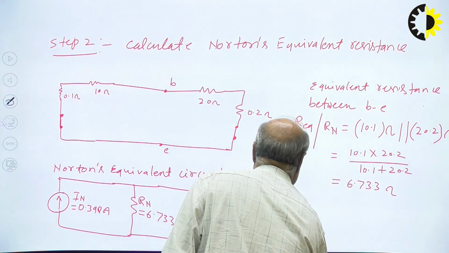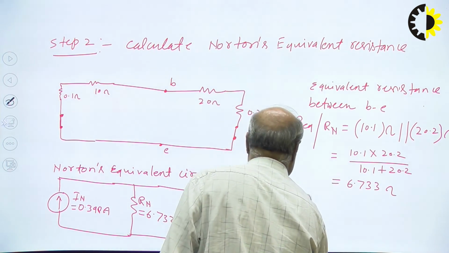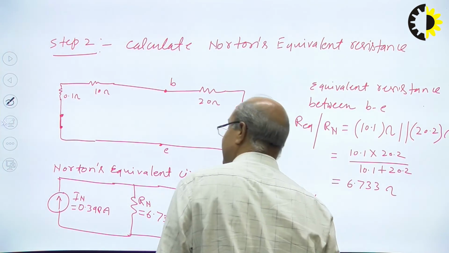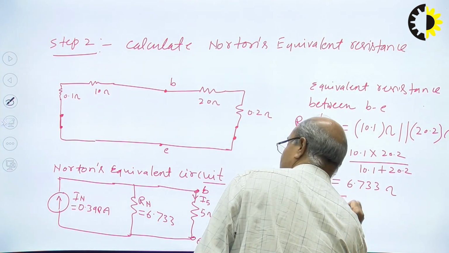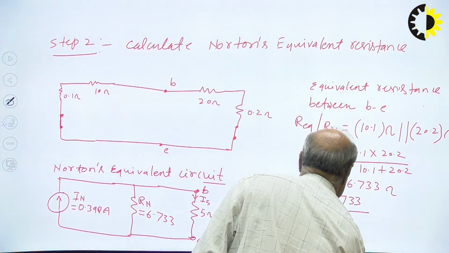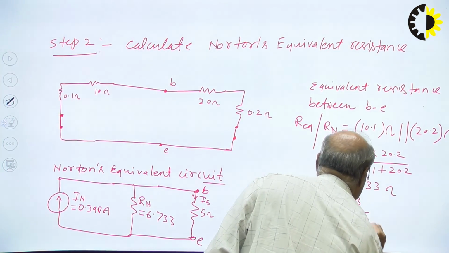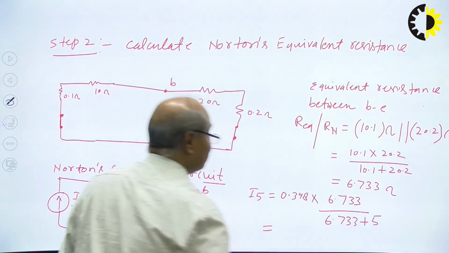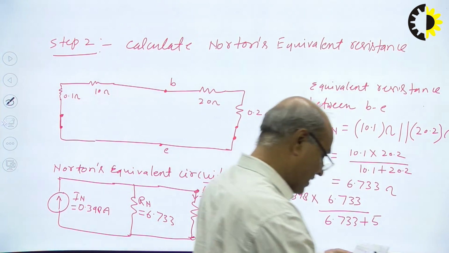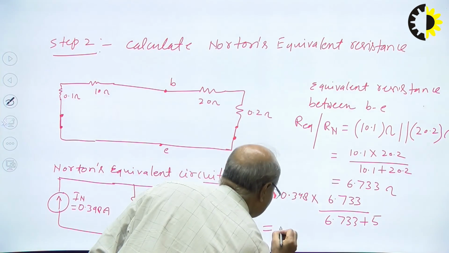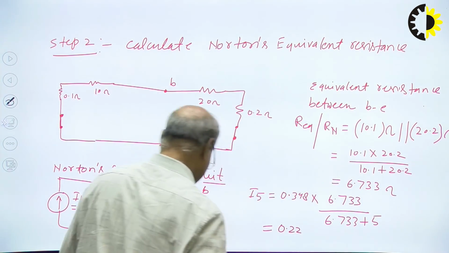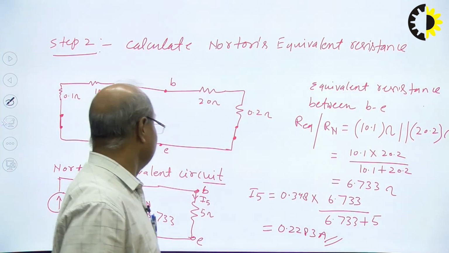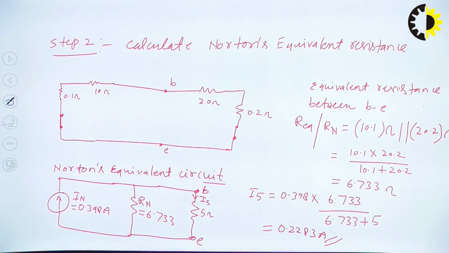So this will be 0.398 multiplied by 6.733 upon 6.733 plus your 5 ohm. This is a very simple calculation, and this current comes out to be 0.2283 ampere.